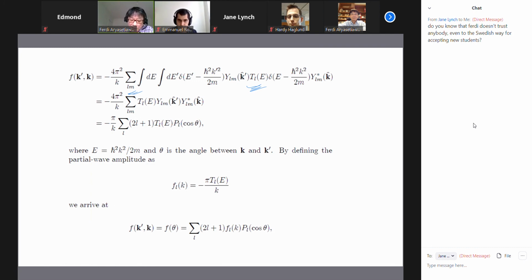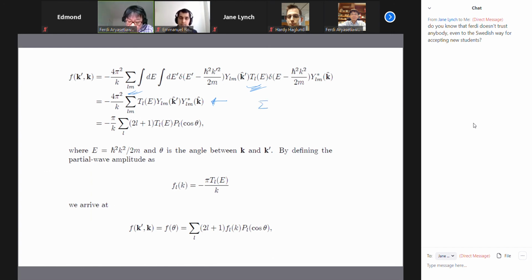So that gives us k equal to k prime, because that's the requirement of elastic scattering. And if we do that, then we end up with this result here. And then we can sum over M. So we use that formula that we wrote before.